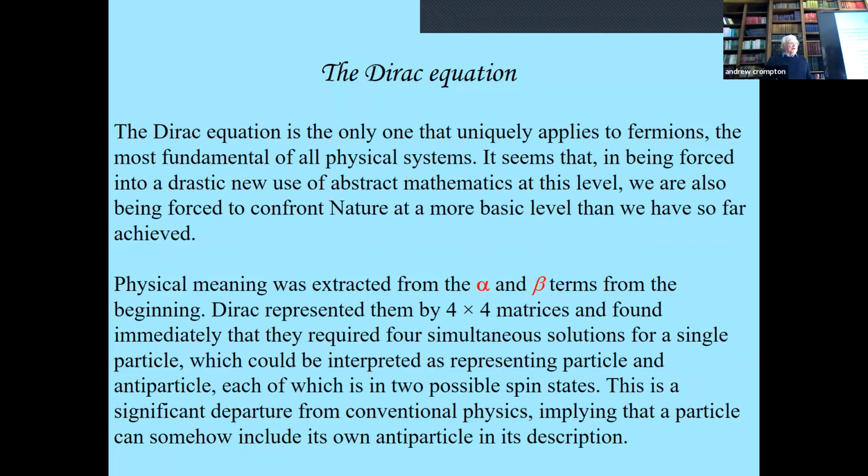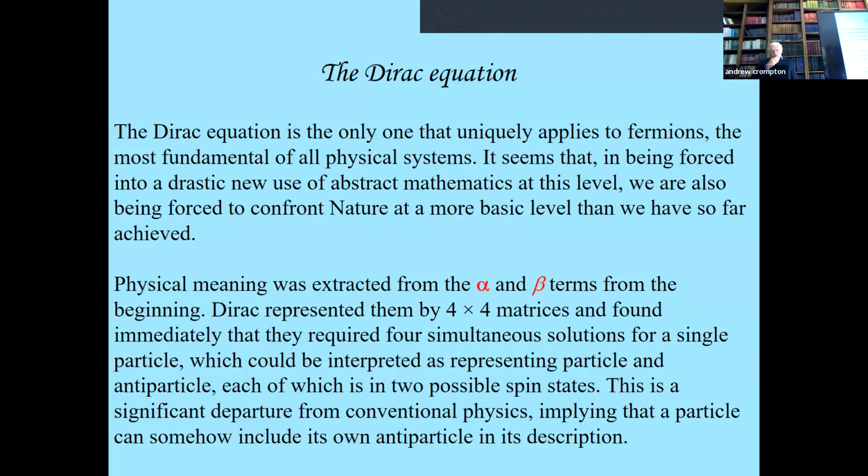No other equation only applies to fermions. And these are the most fundamental physical systems, so it's a special equation in many ways. And this forcing us into using this abstract mathematics forces us to confront nature in a way that we've never confronted nature before. We're simply forced into it by mathematical considerations.